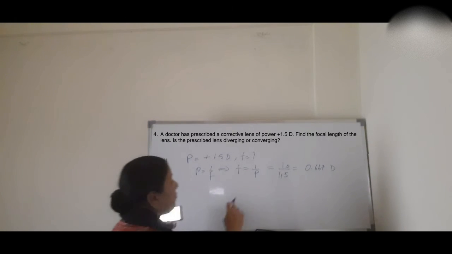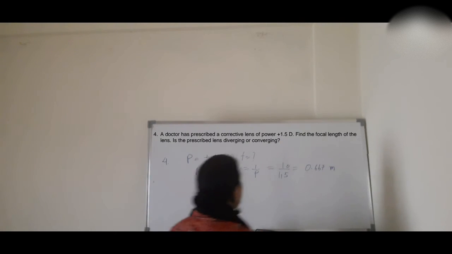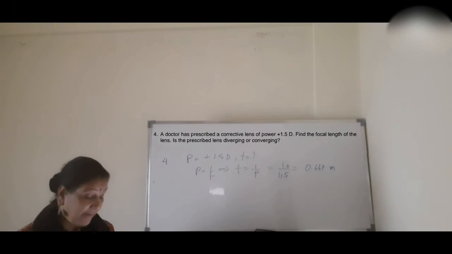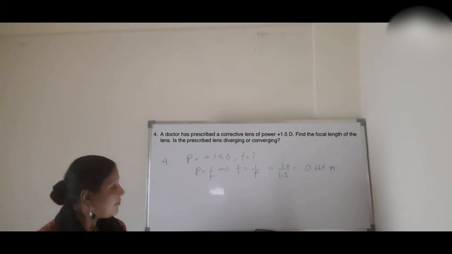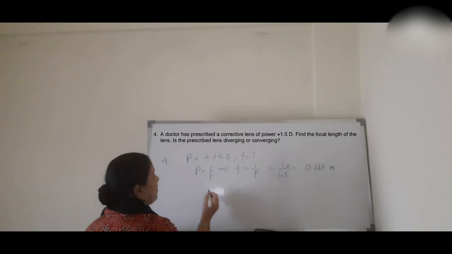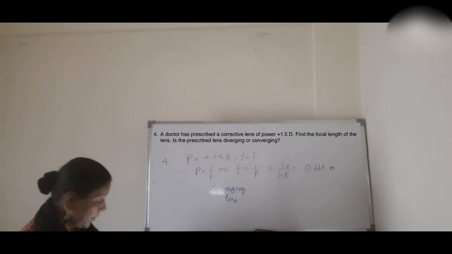Sorry, this is the F, so it is in meters. The focal length is 0.67 meter. Is it converging or diverging? Because F is plus, it is a converging lens or a convex lens.